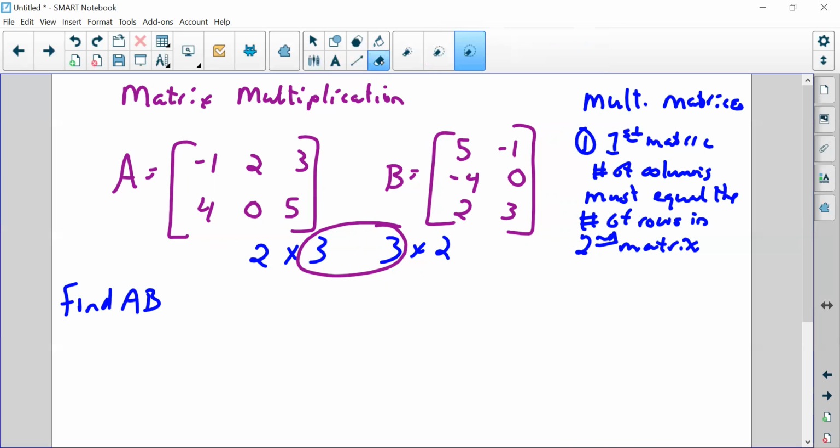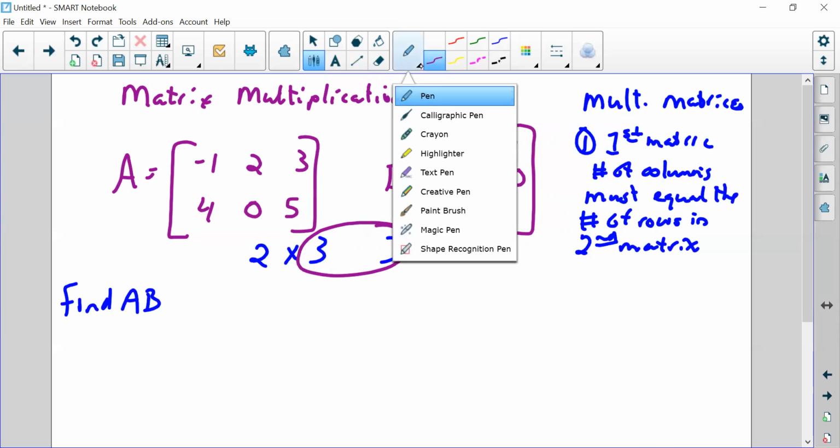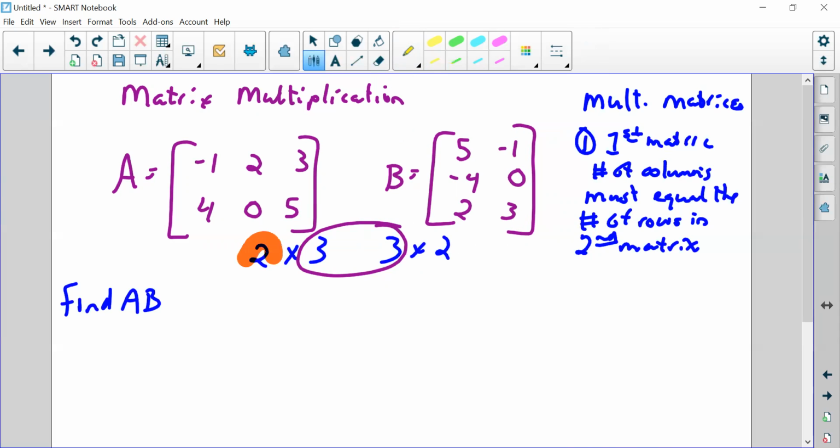Your answer matrix will be a dimension of 2 by 2. The outside numbers tell you what the dimension of your answer matrix will be. So when I multiply this 2 by 3 by 3 by 2, and I can do it, my answer is going to be a 2 by 2 matrix.